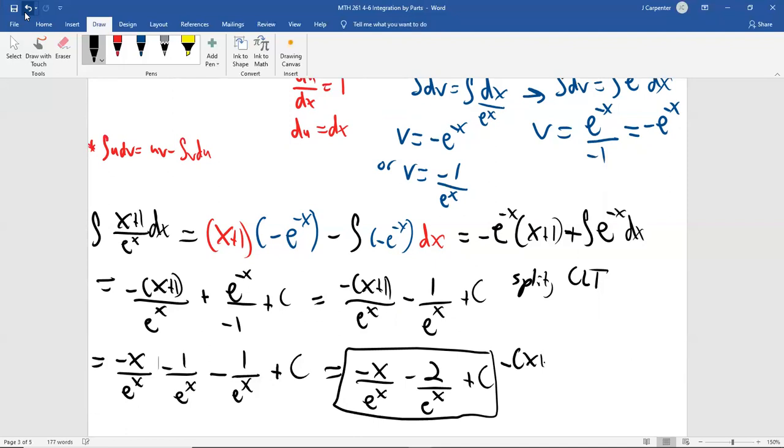Negative parentheses x plus 2 over e to the x, then the plus c. Or you could say negative x over e to the x, minus 2 over e to the x, and then your plus c. All three of those are the same answer. All three should be acceptable, but you have to be able to recognize that.